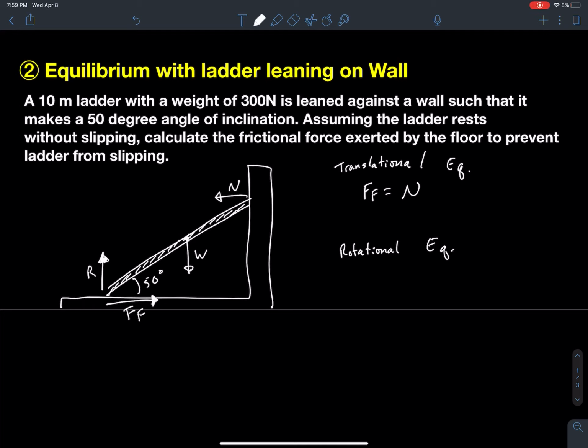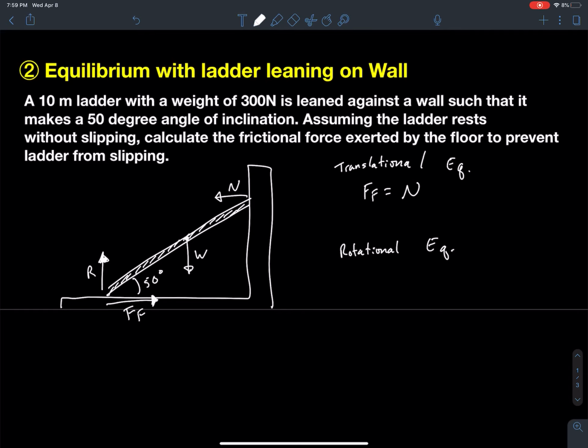And then if I wanted to do something in y, but I'm not going to have to do it, my R, this value over here, is going to be equal to the weight of the beam. So I could also write that in here if I wanted to. So that would be my horizontal translational equilibrium and my vertical. So remember, you're always creating equations so that you can substitute them in if you have to. And this one allows us to find an equation where I can get FF if I need to have N somewhere in this problem.